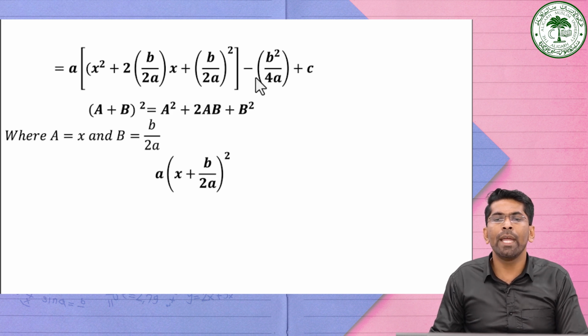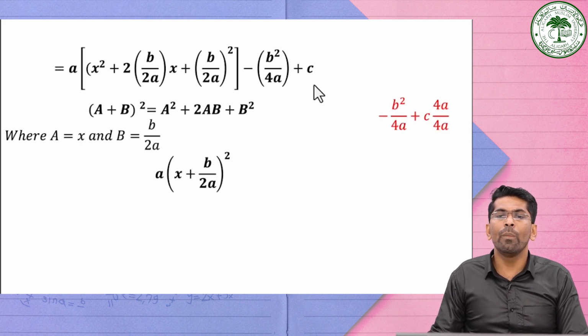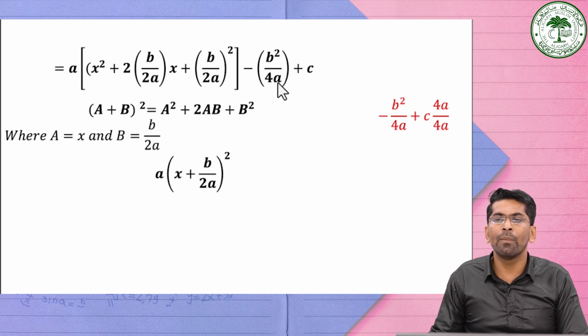Now see what is remaining. Here we have a constant term, that is minus b square divided by 4a plus c. Here we will find a common denominator so that we can simplify it. The common denominator here is 4a. So I am multiplying and dividing the constant c by 4a.